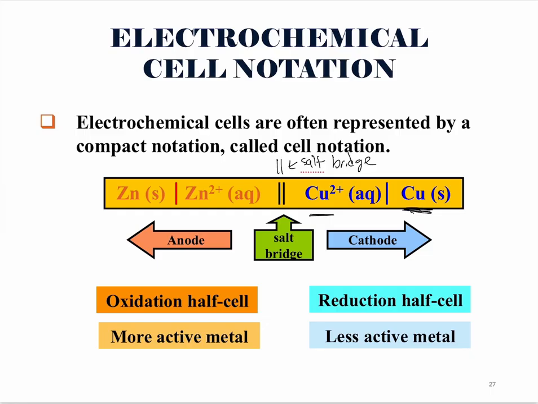It picks up 2 electrons in the reduction process to become solid copper. And then it's separated by a bar, right? So the reactants and products are separated by a bar. All you're doing here is you're just ignoring the movement of electrons, and you're also ignoring the presence of water and hydronium or water and hydroxide in solution. You're just looking at the species that are being oxidized or reduced in our system.